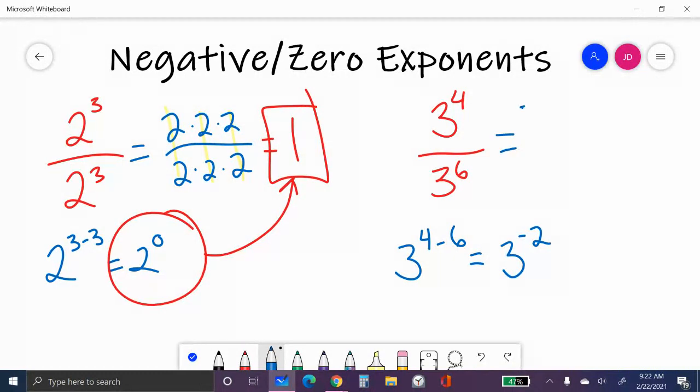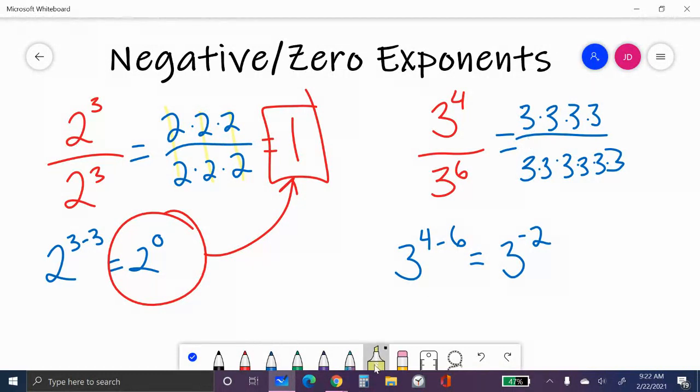So 3 to the 4th is 3 times 3 times 3 times 3. 3 to the 6th is 1, 2, 3, 4, 5, 6 threes. Okay, let's cancel some things out. 1, 2, 3, 4.